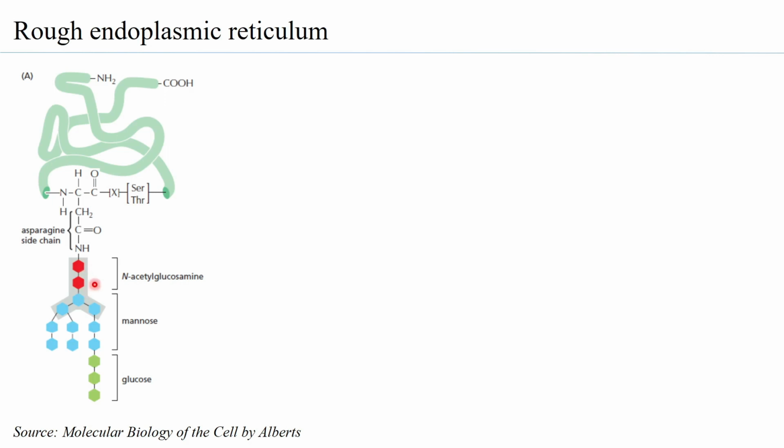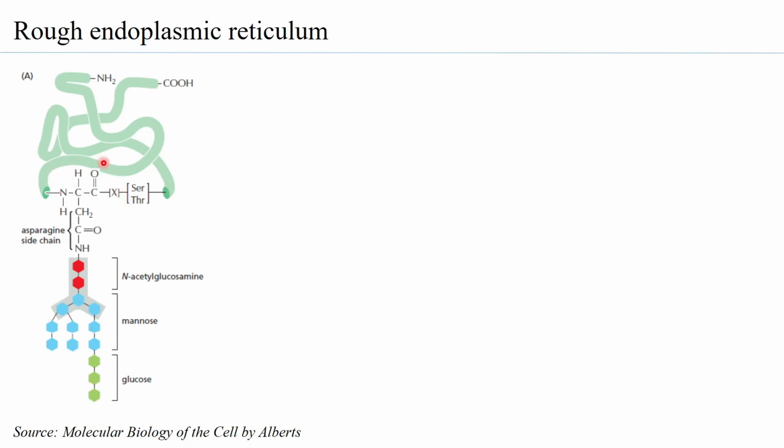And what is this complex? It is 2 molecules of N-acetyl glucosamine bound to first 3 molecules of mannose, then to another 6 molecules of mannose. So there are 9 molecules of mannose, and to 2 mannose, there are 3 glucose present. So this is the oligosaccharide moiety that can be transferred to a protein. So you see this is a protein.